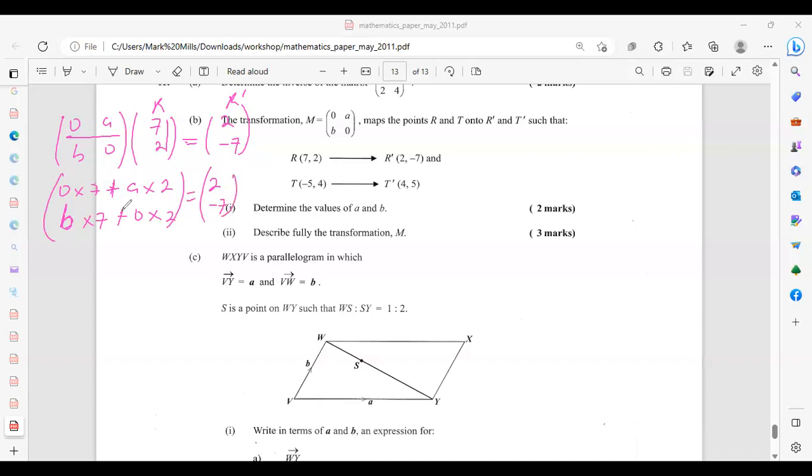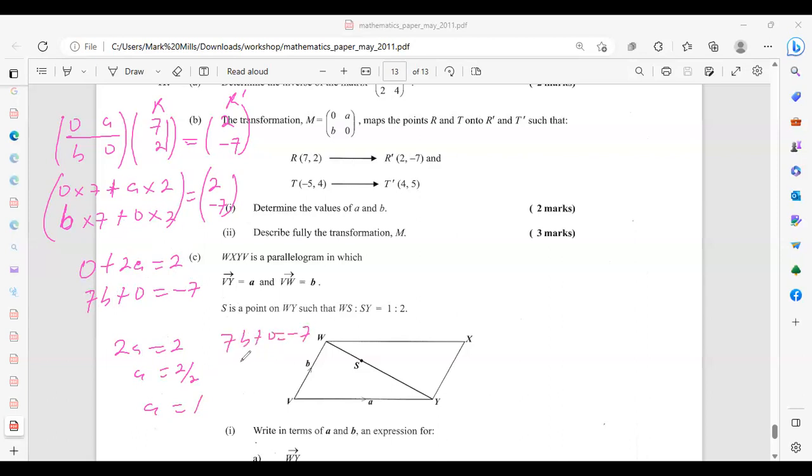So if I work this out, this gives me 0 plus 2A is equal to 2, right? Then 7B plus 0 is equal to -7. And I want to find the value of A and B. We can solve it like a normal equation. So 2A is equal to 2, so A is equal to 2 over 2. A is equal to 1. Everybody see that?